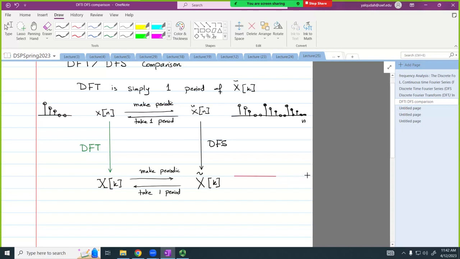So let's say the spectrum here looked something like this. This is k. What is the spectrum using the discrete Fourier transform going to look like?